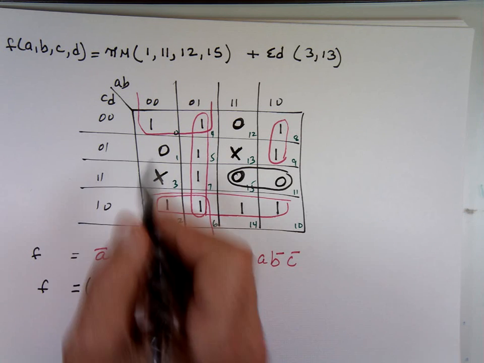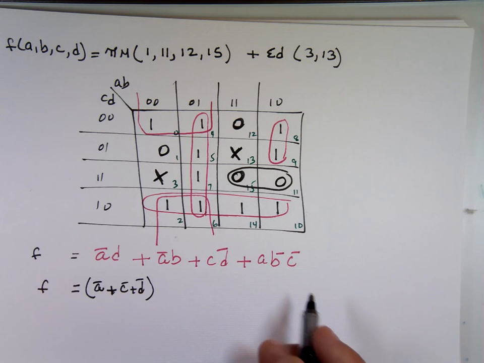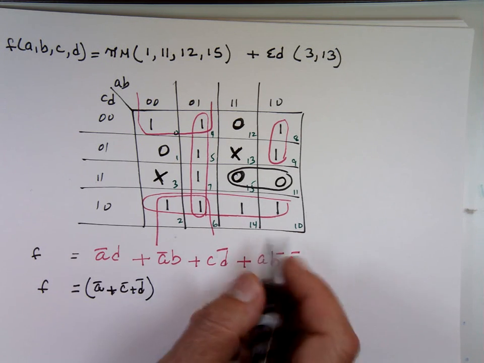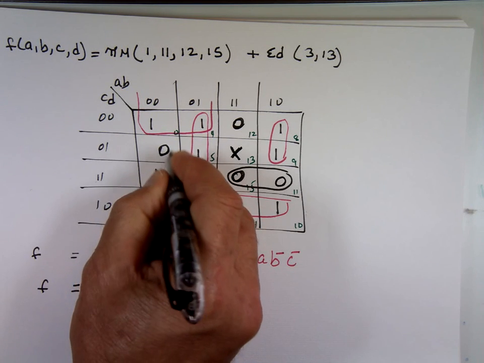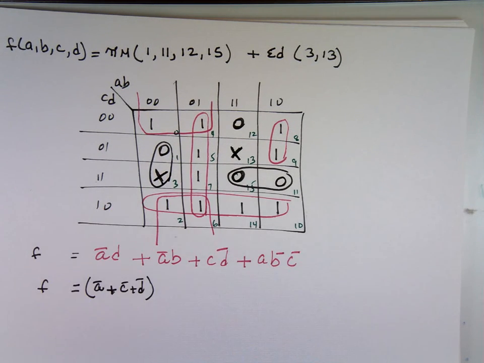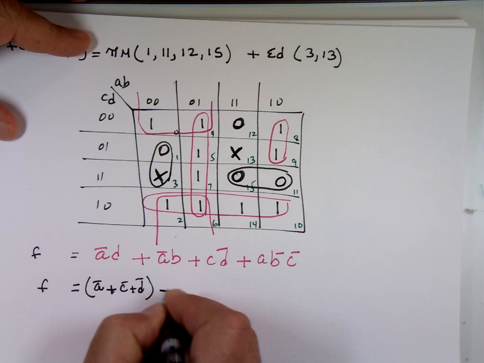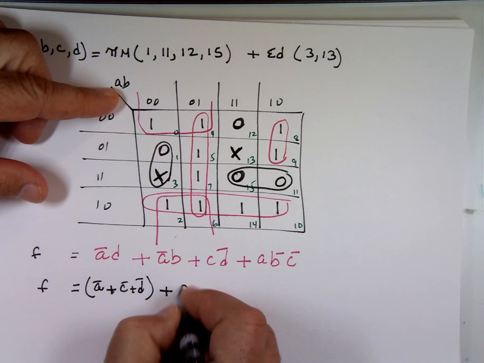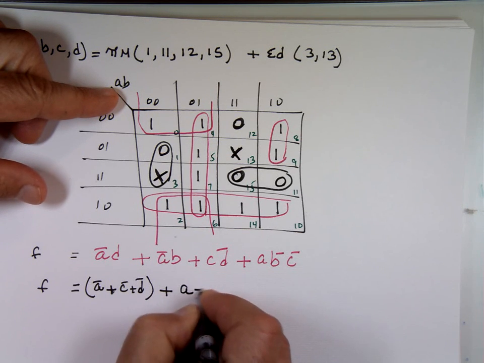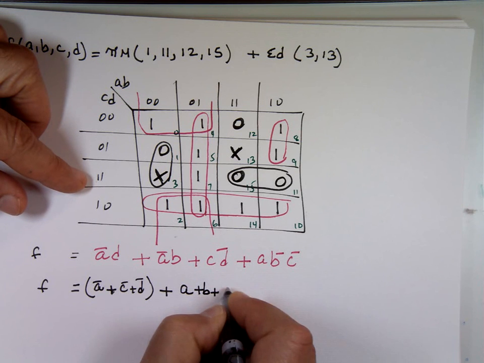I have a 0 here, and there's no other 0 to grab it with unless I make the X 0 here. If I make that X 0, we're going to have what? A plus B. A plus B plus what? D bar? Yes.